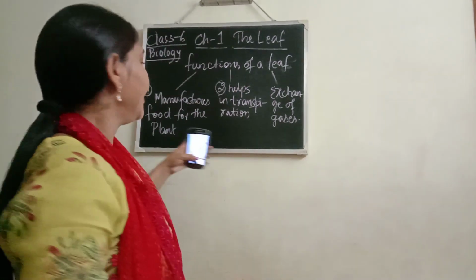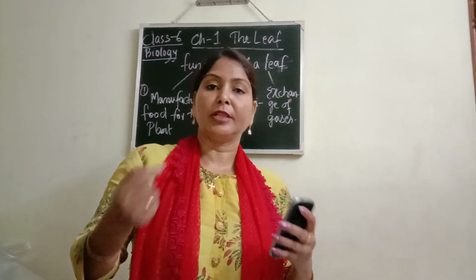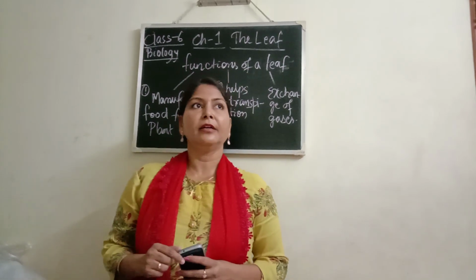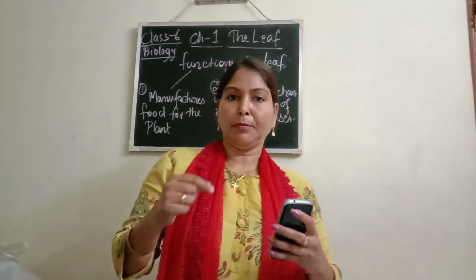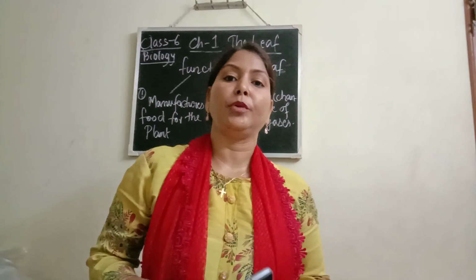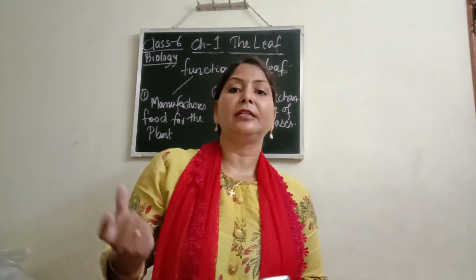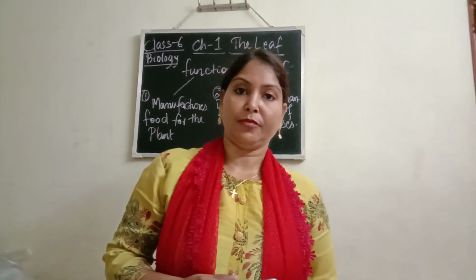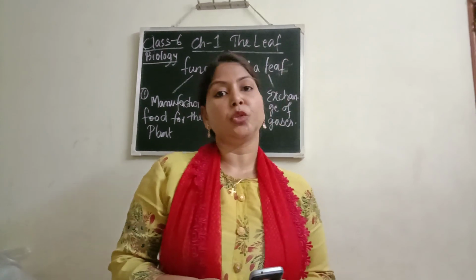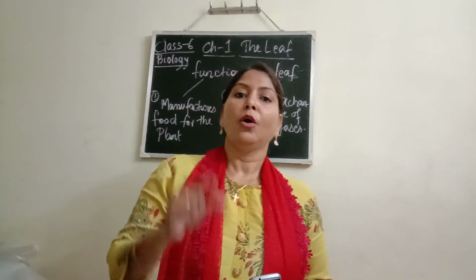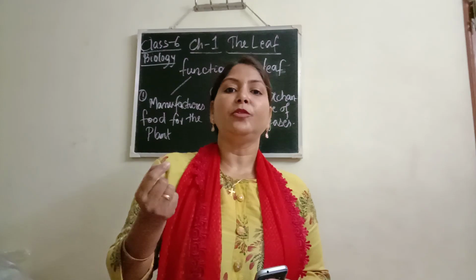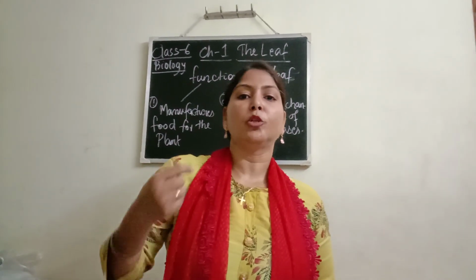So we can see here, first of all, all the green plants manufacture food for the plant. Okay, and you know that the plants which prepare their own food, in biological terms we call them autotrophs. Now what is the meaning of autotrophs? Autotrophs means, auto means self and trophs means to prepare or to make.